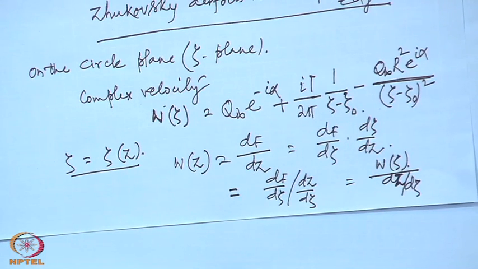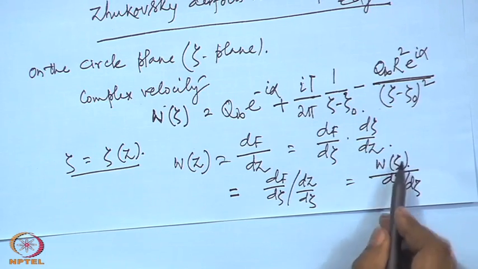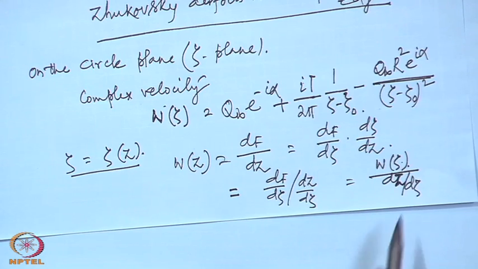Once we know the complex velocity at any point, we can find out what will be dz d zeta at that point and find the velocity on the z plane or the airfoil plane.